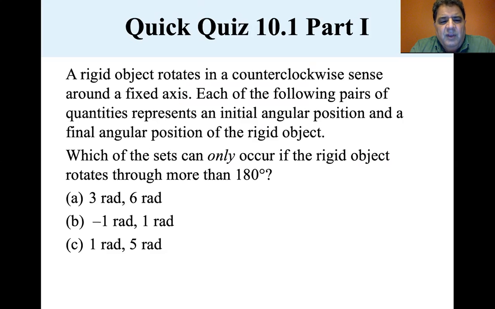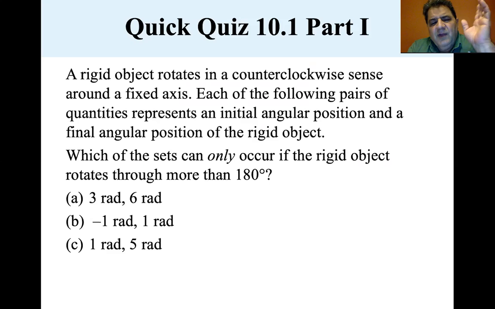So here, if the initial position is minus 1 radian and we go to plus 1 radian, well, that's theta final minus theta initial, only 2 radians. Well, that's not 3.14159.